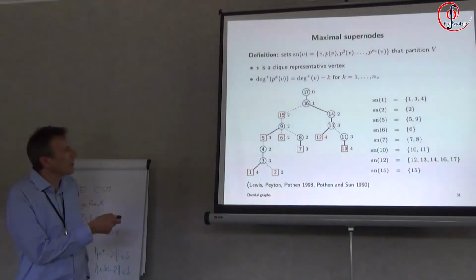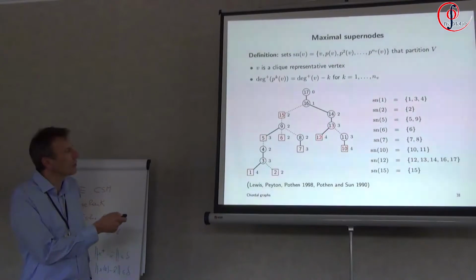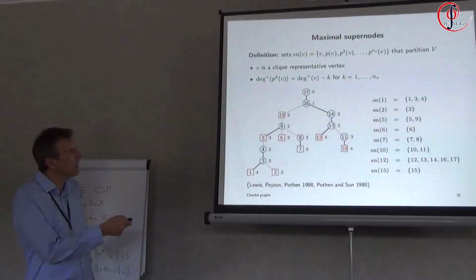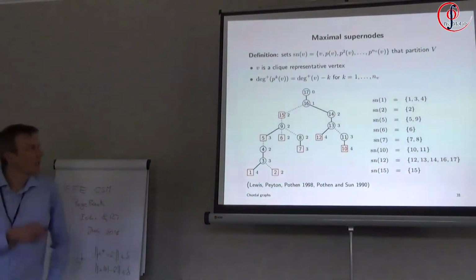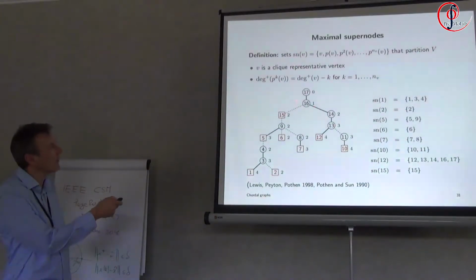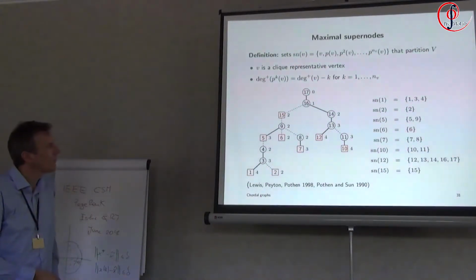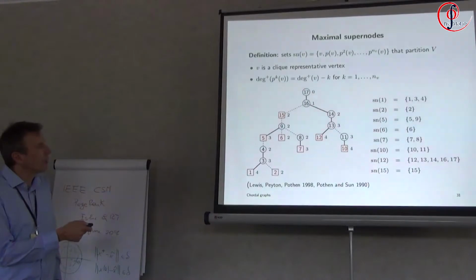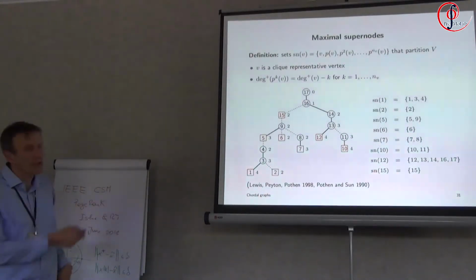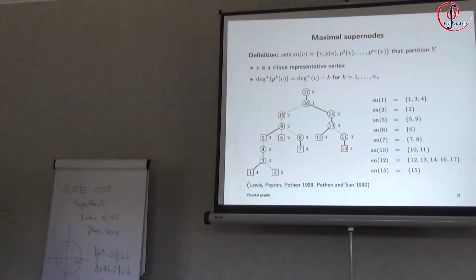And you can find a path like this for every representative clique vertex. So for example, 12, 13, 14, 16, 17 together form a supernode, because the higher degree decreases by 1 at each step. All those sets together form a partition, called a supernode partition of the graph.